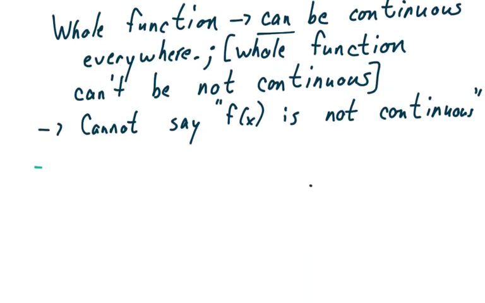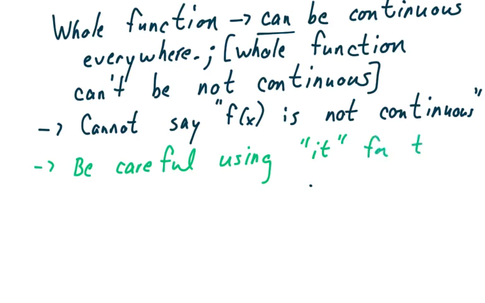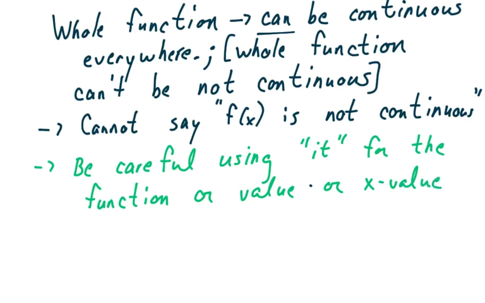Also, be very careful saying it. Make sure that you are saying that f of x is not continuous at a specific point. Don't say it's not continuous, and don't say it's not continuous at the value or at the x.